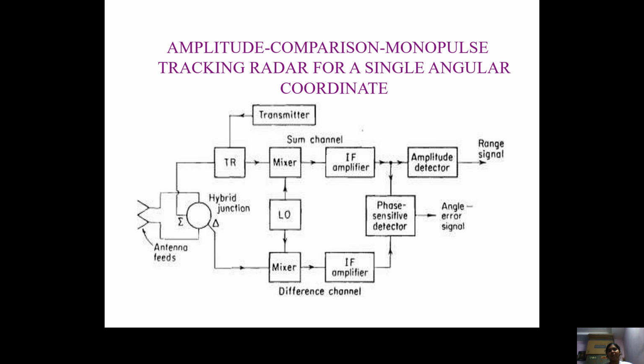This is nothing but the error signal by which the direction of the antenna should be forced towards the direction of the target. Whereas in the sum channel, the amplitude detector helps to detect the envelope of the received echo signal, such that it maintains the amplitude clearly and is able to track the range of the target clearly.